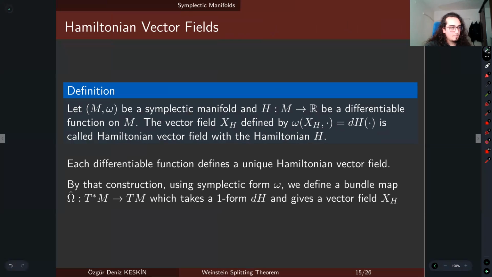And to define such a map, Hamiltonian vector fields are a very convenient way to do that.